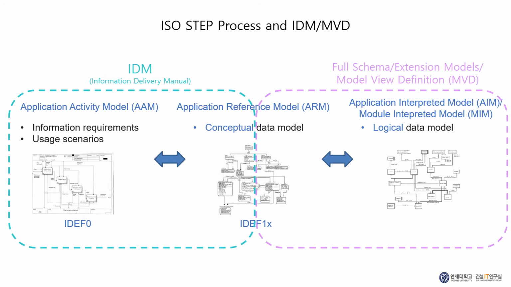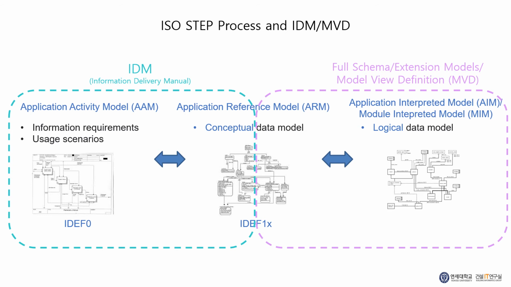Probably you have already recognized where IDM came from. IDM is an application activity model, AAM, with a little bit of application reference model, ARM. MVD is an application interpreted model, AIM, or a subset of AIM, which is called the module interpreted model, MIM, and a little bit of ARM.